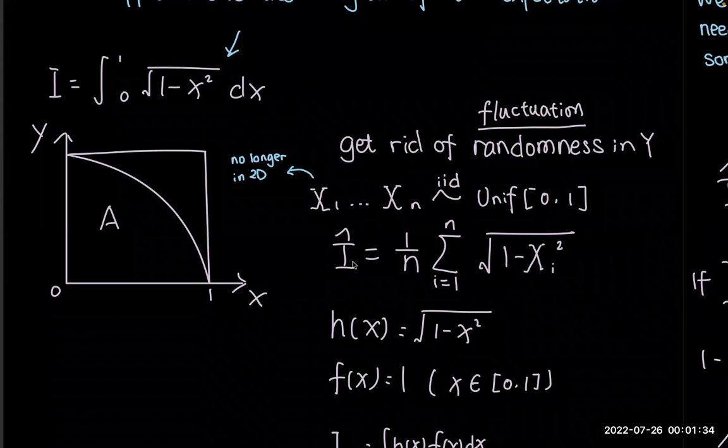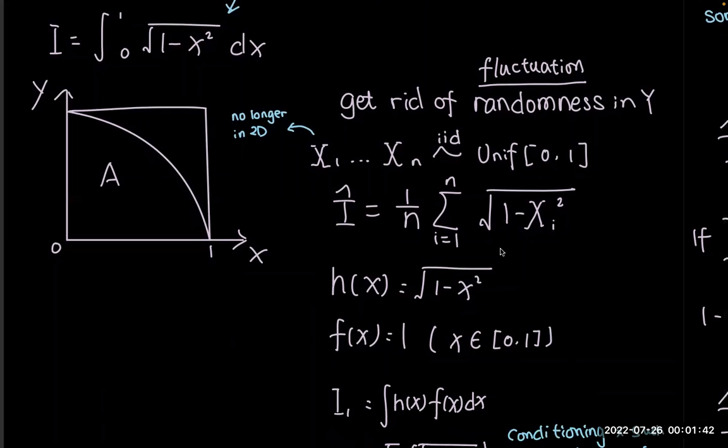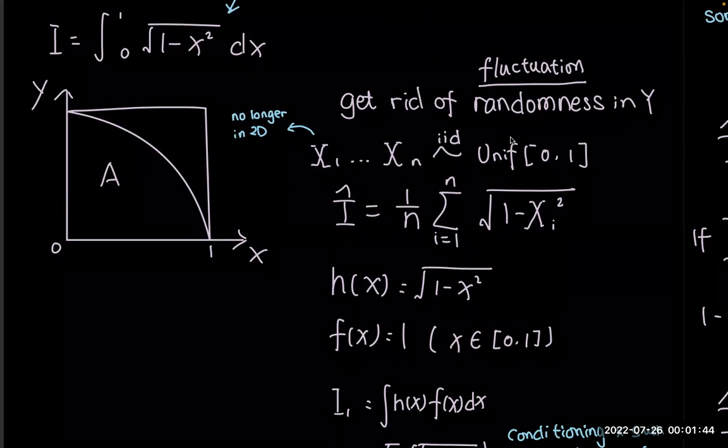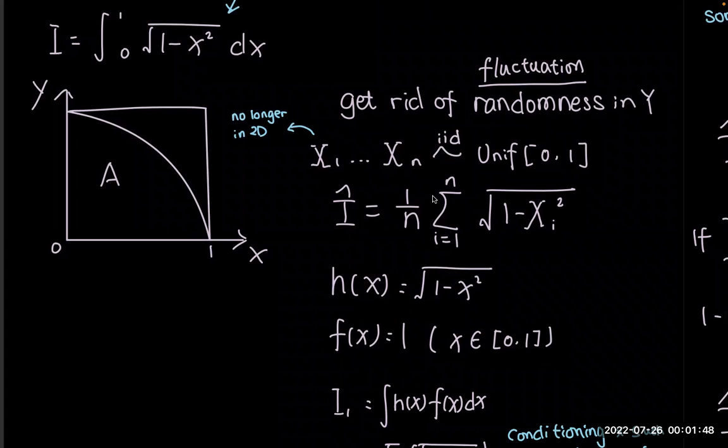So we can then approximate the integral I by I hat, which is the sample average of this function value. And this gave us another Monte Carlo estimate. And hopefully this one has a lower variance or is more accurate than the previous one, where we simply count m over n, right?